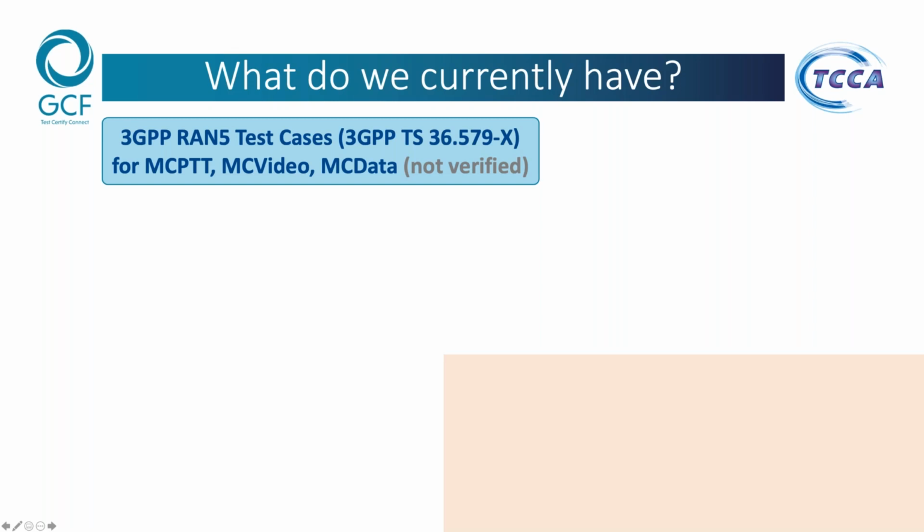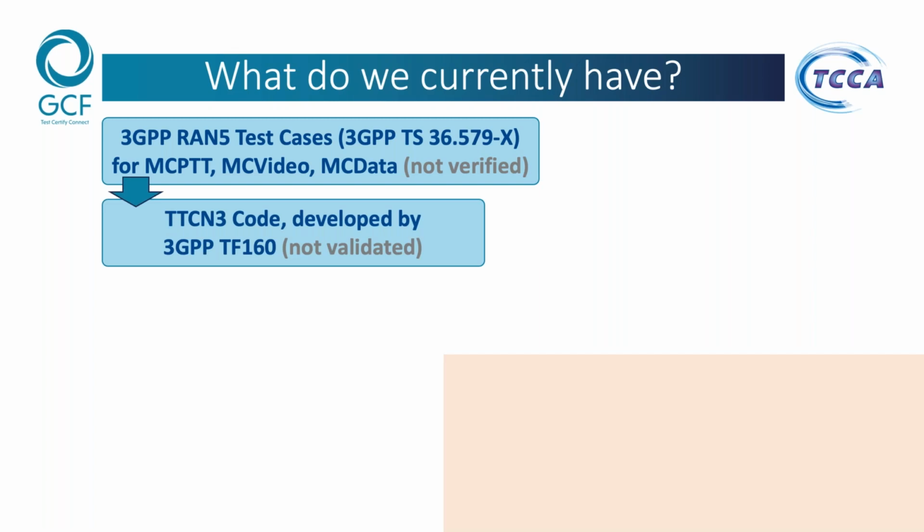And these are conformance test cases for MCPTT, MC video, and MC data. As I wrote on this slide, they are currently not verified. We will come back to this because for the verification of the test cases, you have to execute these test cases on a real implementation.